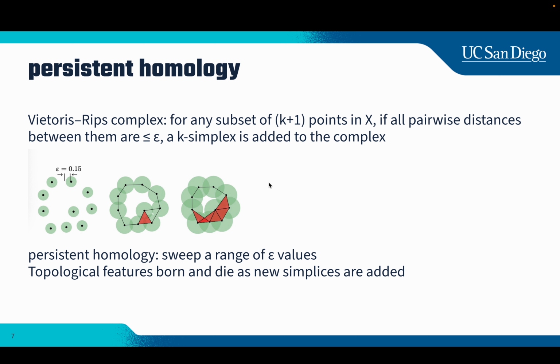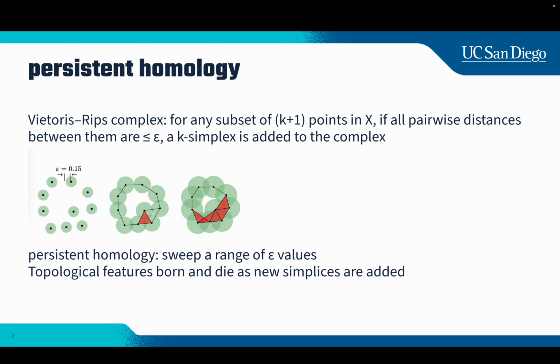Rather than choosing a fixed epsilon, we compute persistent homology by sweeping over a range of epsilon values. This results in a filtration, a nested sequence of simplicial complexes that grows as epsilon increases. Topological features appear and later disappear as new simplices are added.